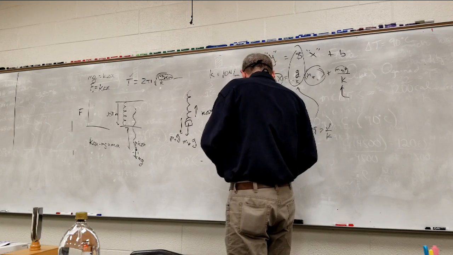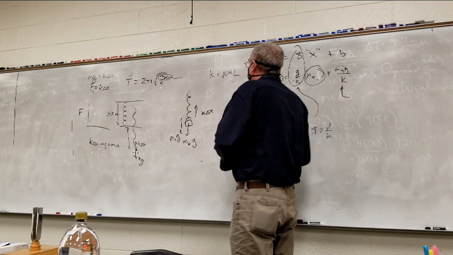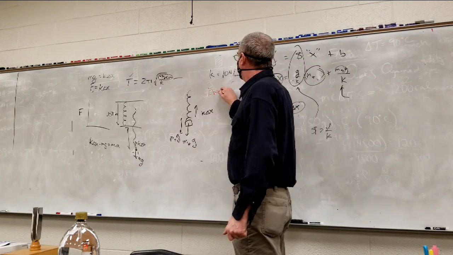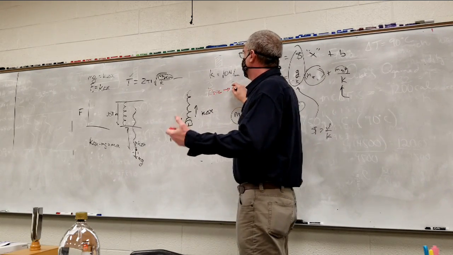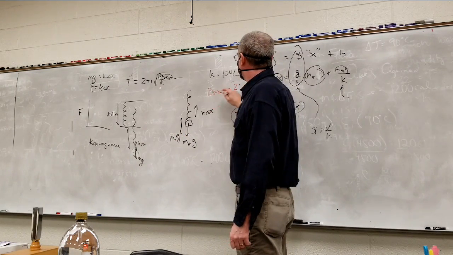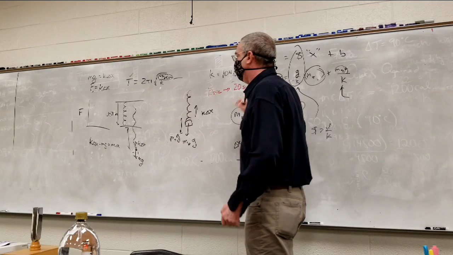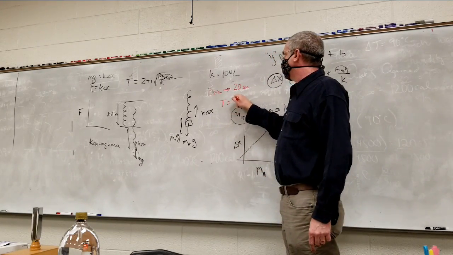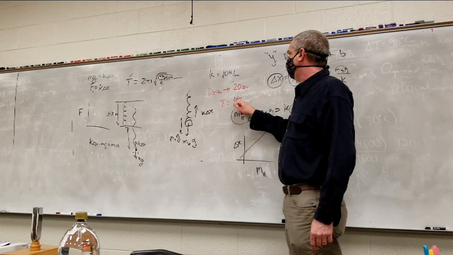And so if 10 oscillations took 20 seconds, that means the period is 20 seconds over 10 oscillations.